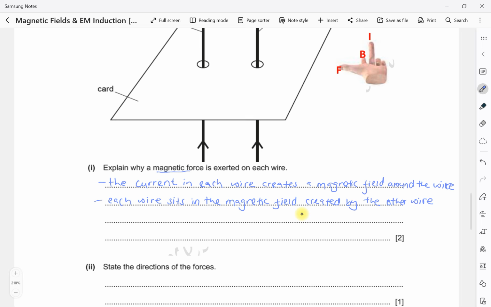And for each wire, the magnetic field is concentric circles in the horizontal plane, and the current is in the vertical plane, which means the magnetic field and the current are perpendicular to each other.